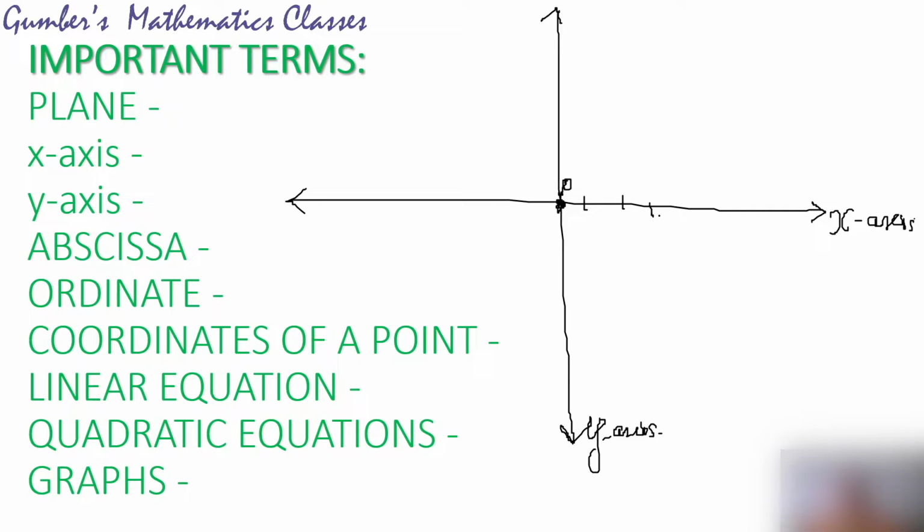And these are 1, 2, 3, 4. As we are giving numbers on a number line, these are the numbers. Positives are on the right side of the 0 and negatives are on the left side of the 0. Positives are on the upper side of the 0 and negatives are on the lower side of the origin, that is 0.